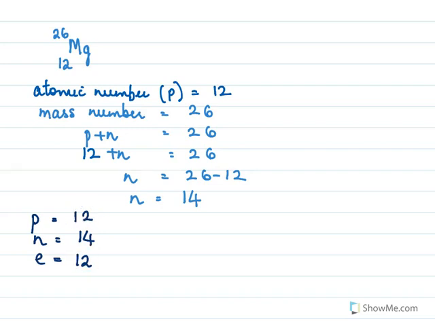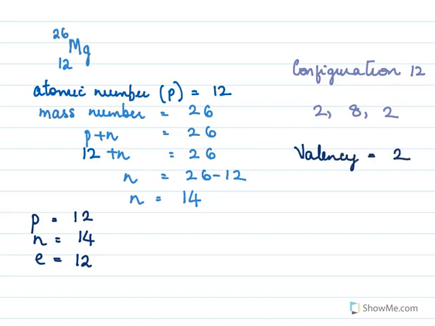Now for the electronic configuration of this atom. We see the atomic number is 12, so the configuration will be 2, 8, 2. Valence electrons 2, so not stable, hence it will lose 2 electrons, and the valency will be 2.